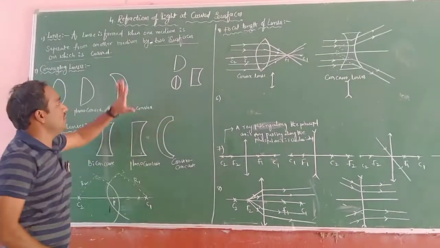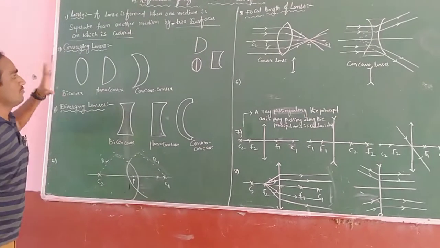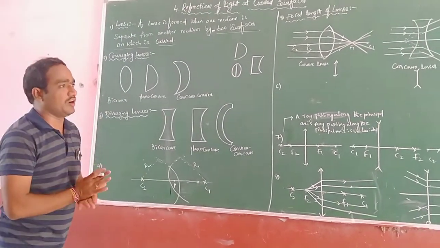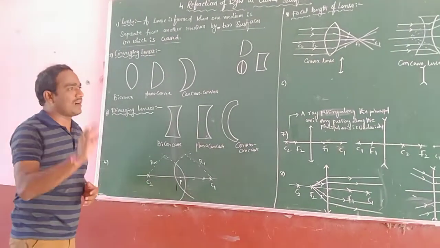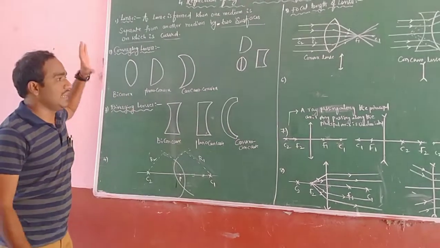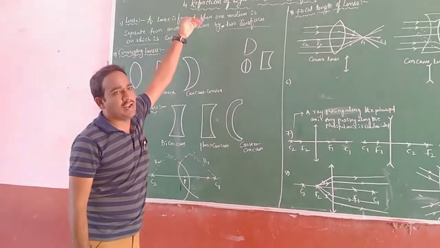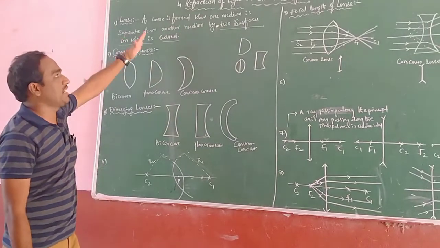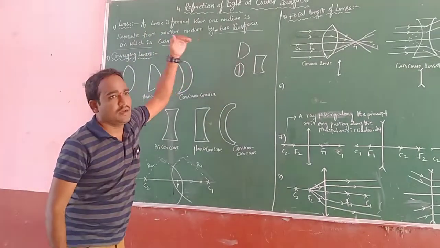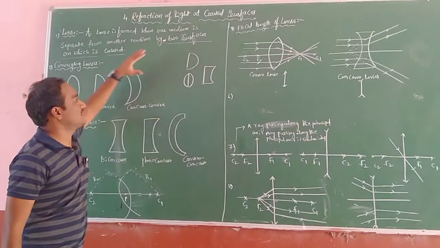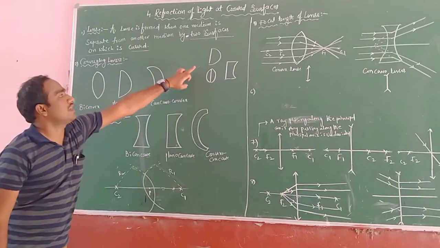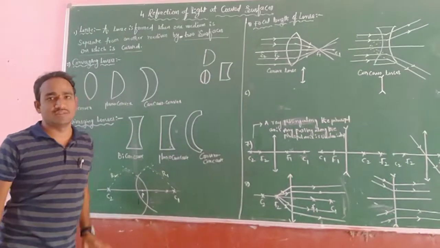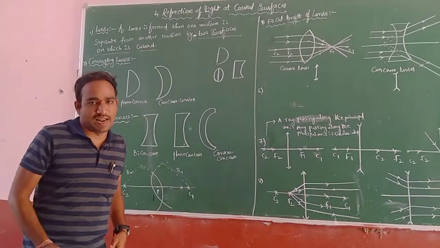Here in this chapter we are discussing the definition of lens. So what is the definition of lens? A lens is formed when one medium is separated from another medium by two surfaces, one of which is curved. That is called the definition of lens.